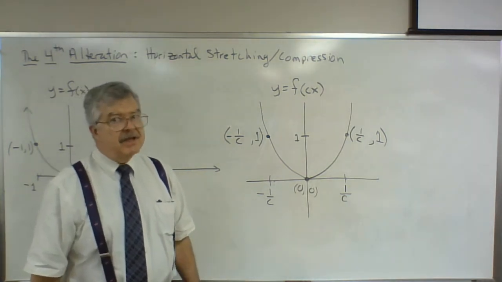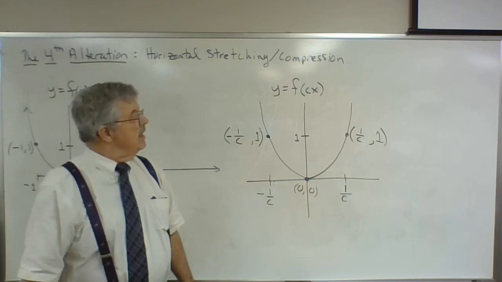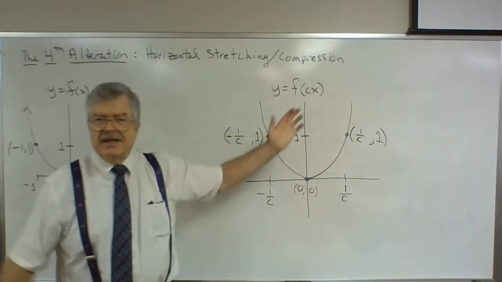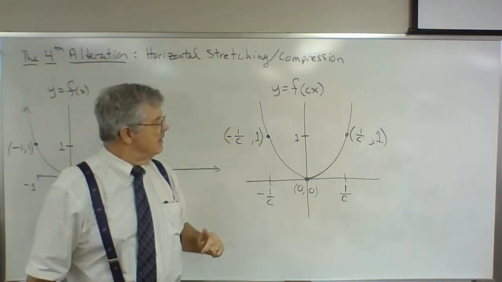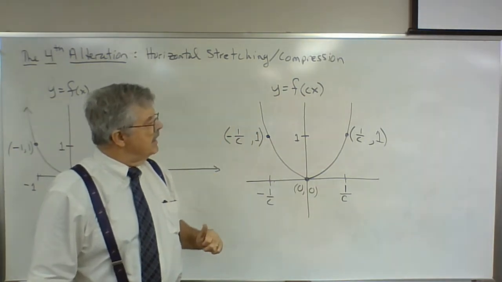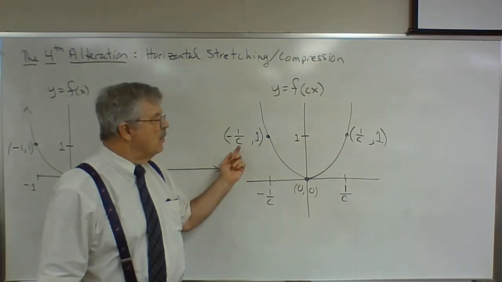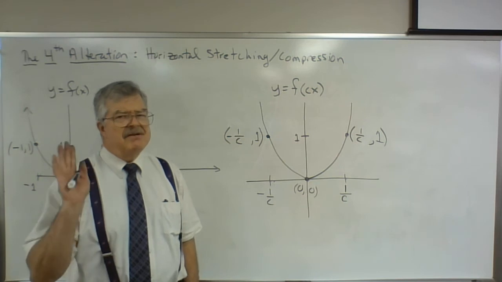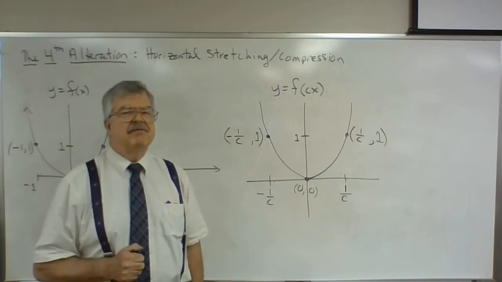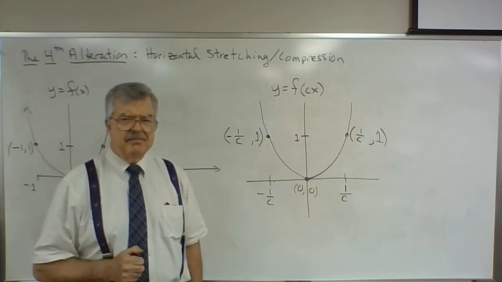It does just the opposite. If we multiply by c, it compresses the graph. And I guess we'd say by a factor of 1 over c. So this is not nearly as intuitive as the vertical alterations.